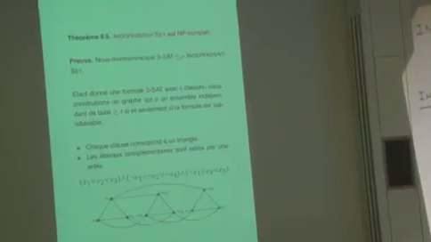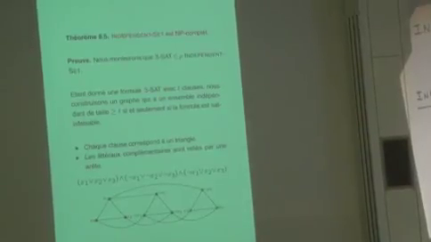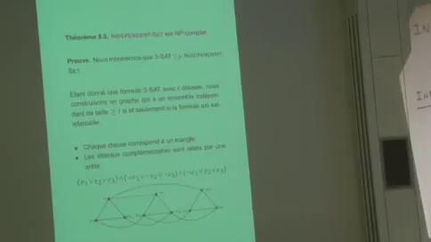And here is the graph. I'm going to give you the formula. It's a 3-SAT formula, so it's a conjunction of clauses, and each clause has 3 literals in it. The graph has nodes corresponding to the literals.